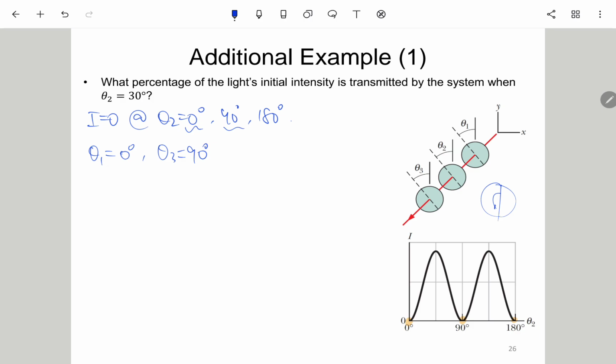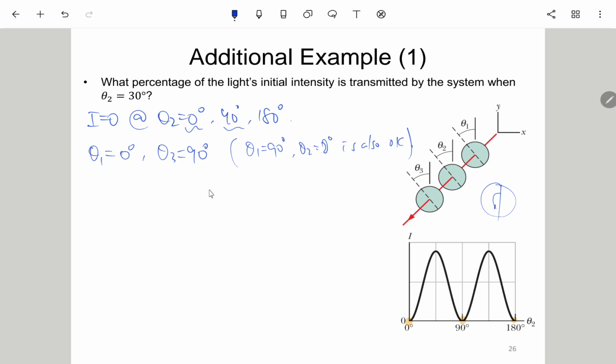Or of course it can be reversed: theta 1 equals 90 degrees and theta 3 equals 0 degrees is also okay, and they will give you the same result. So without loss of generality, we can just assume theta 1 equals 0 degrees and theta 3 equals 90 degrees. So why is it 0 degrees and 90 degrees?